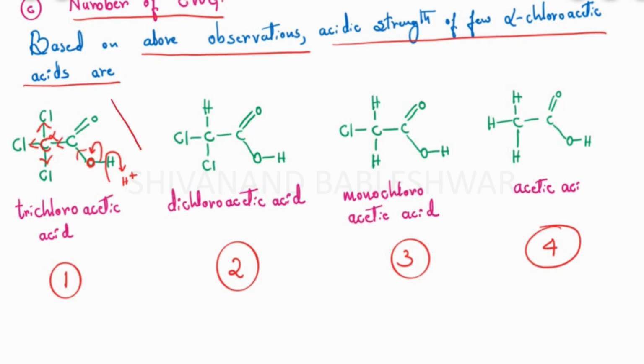So I'll be writing in this manner, it is the strongest acid when compared with dichloroacetic acid. Why? Because in the case of dichloro, only 2 chlorine atoms are present on this alpha carbon.